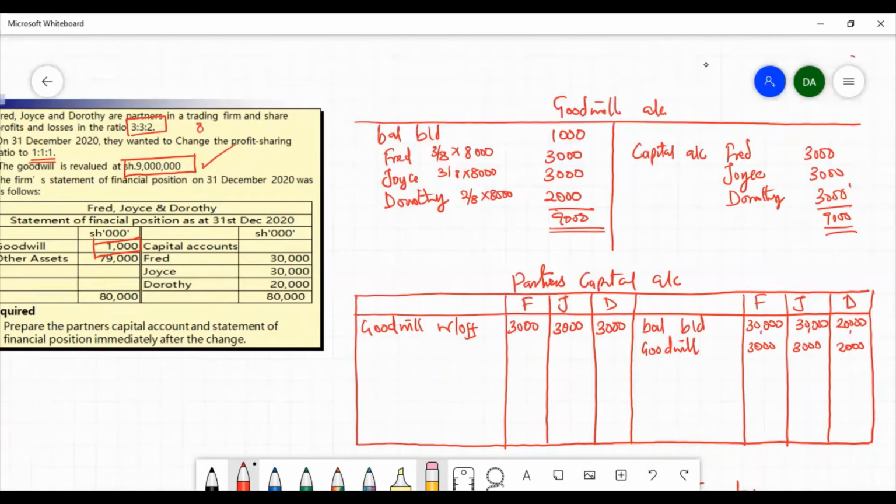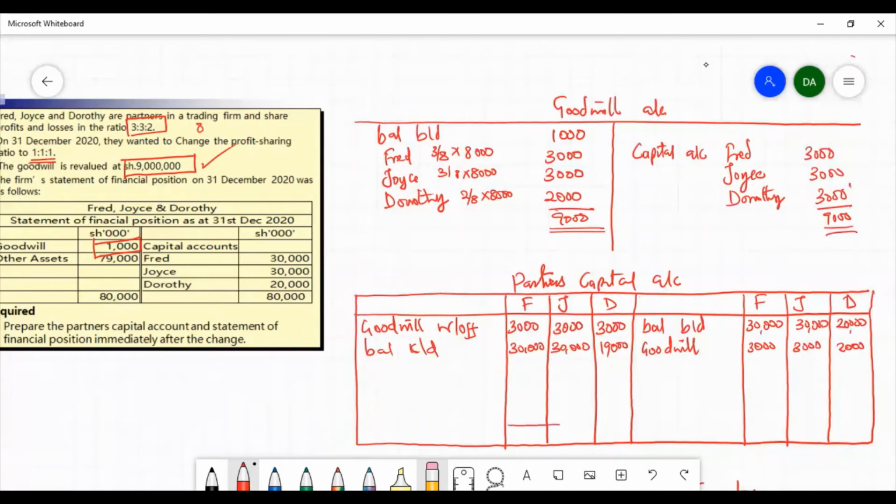After that, balance of the partner's capital account, so that we have balance carried down as 30 million, 30 million, and 19 million.